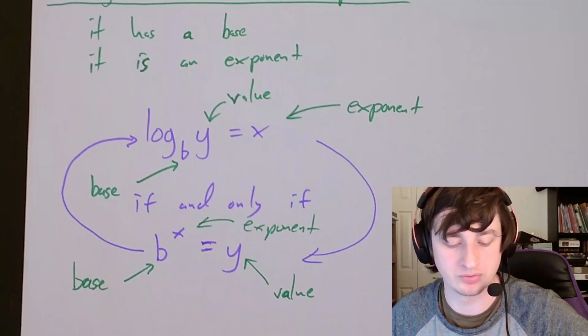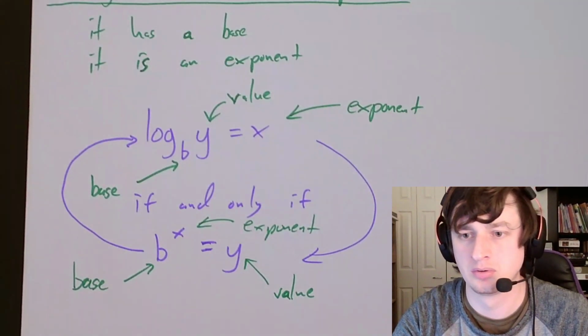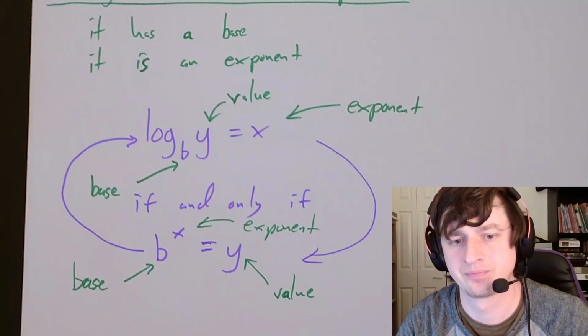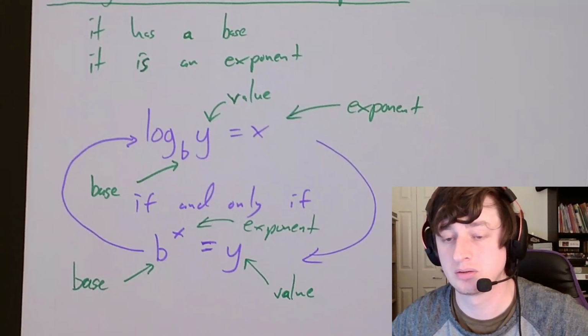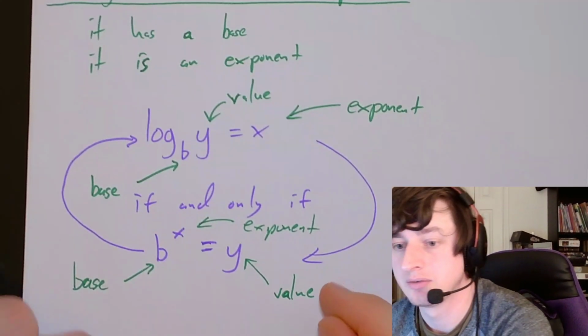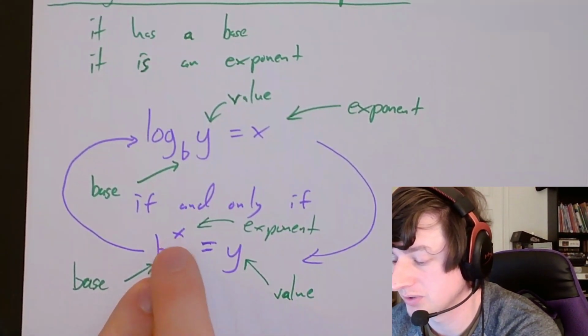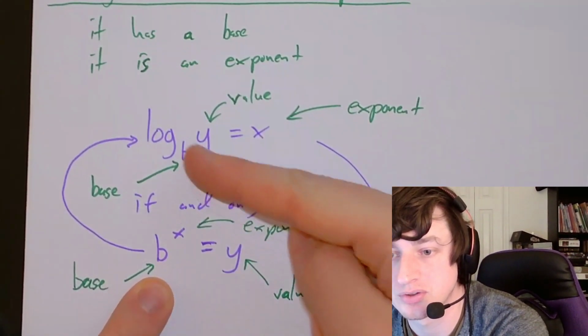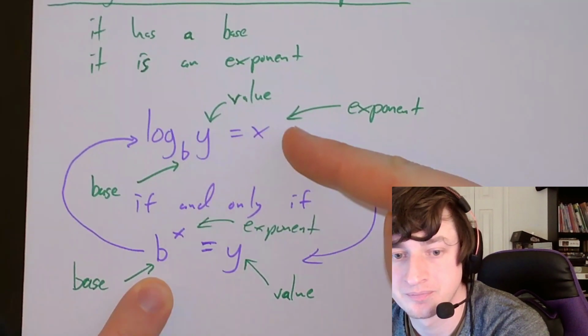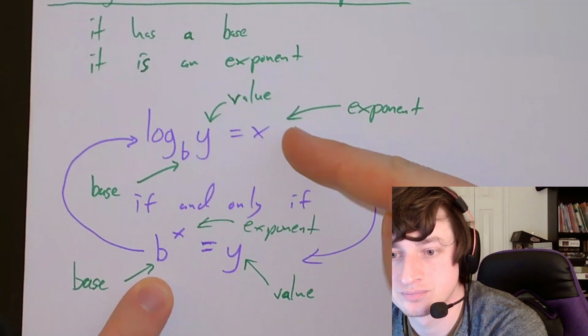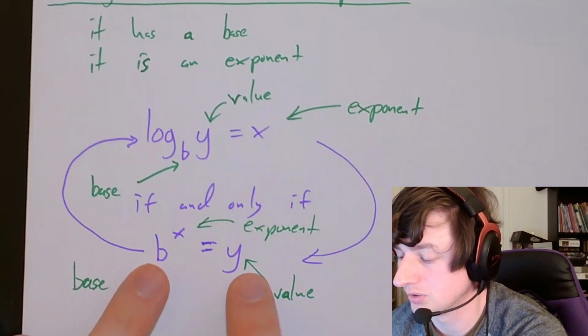Now, why would this be useful? Why would we use any of that? Well, if you know the value and the base, but you want to find the exponent, you need the logarithm, because the logarithm is equal to the exponent. So if you know these two numbers, then you can calculate this.